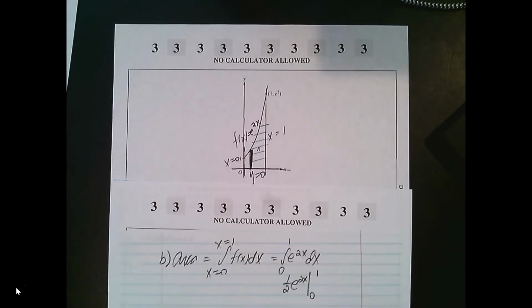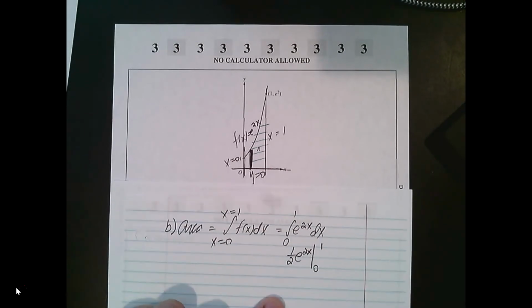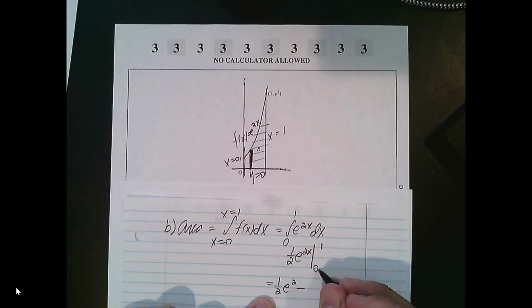We then evaluate from 0 to 1. To evaluate, we evaluate the top limit first, 1/2 e squared, minus evaluate at the bottom limit, 1/2 e to the 0. You can stop here if you'd like to, or you can simplify further.